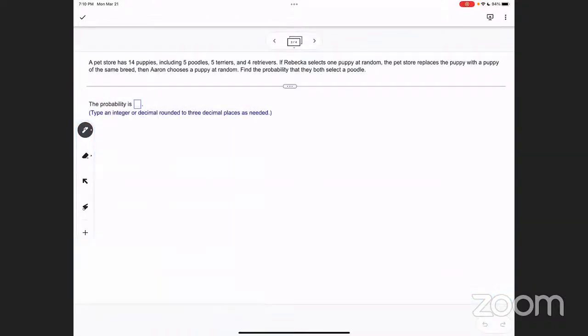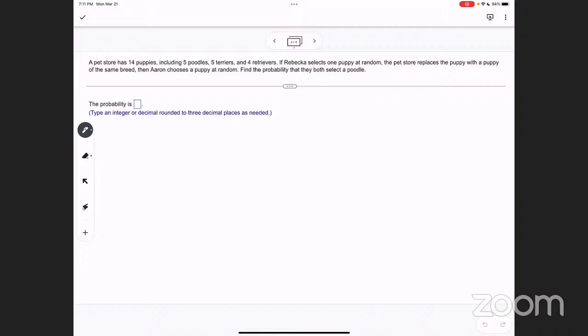Next page. A pet store has 14 puppies, including 5 poodles, 5 terriers, 4 retrievers. If Rebecca selects one puppy at random, the pet store replaces the puppy with a puppy of the same breed. Then Aaron chooses a puppy at random. Find the probability that they both select a poodle. The way you do this is called the multiplication principle, I don't remember exactly, but you basically multiply the two probabilities together.